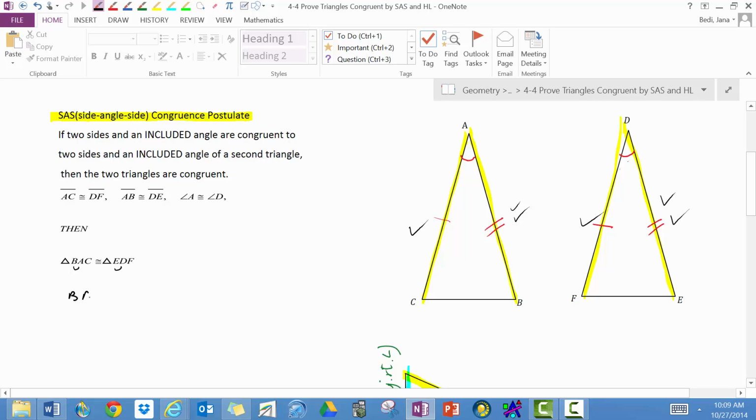To check this congruency statement, let's see. Is segment BA congruent to segment ED? BA and ED, yes, it is. Is segment AC congruent to segment DF? AC and DF.